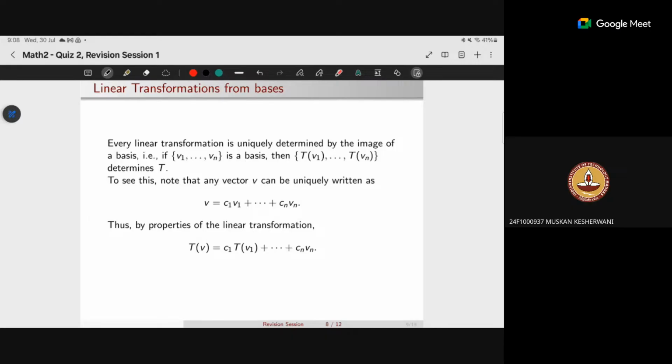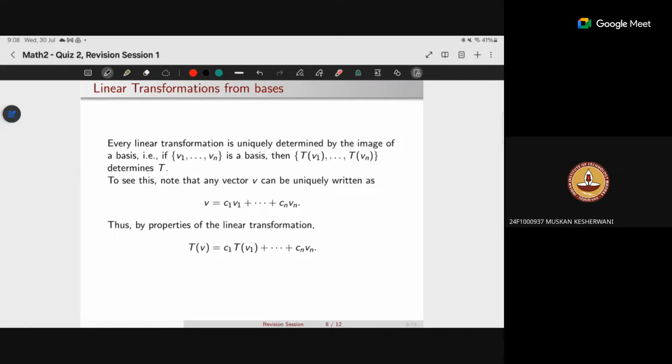Where were we? We were doing injectivity, surjectivity. Now, another important property of linear transformations is that in order to understand the transformation, I just need to understand a finite number of vectors. And what is that finite number?